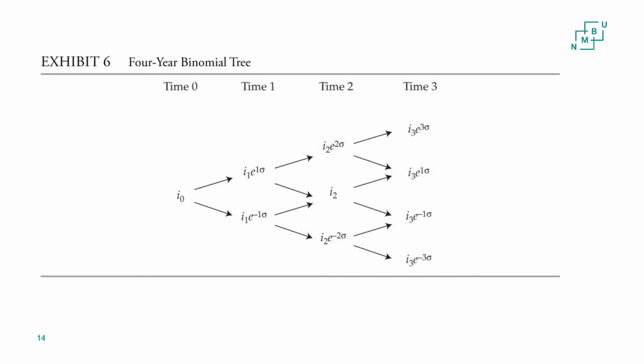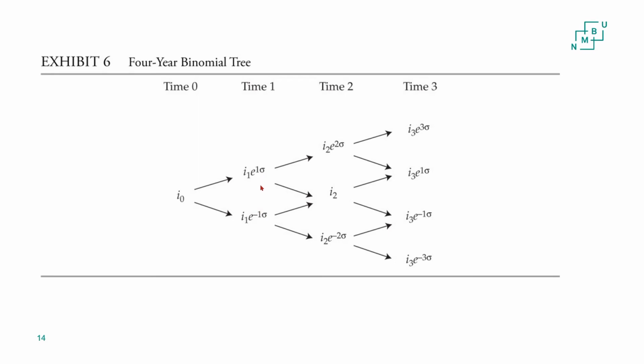And here you get the interest rate tree using our log normal interest rate model. So you have the I0, the forward rate at time 0 for 1 year ahead, and in time 1, this interest rate can either go down by 1 standard deviation, or it can go up by 1 standard deviation.